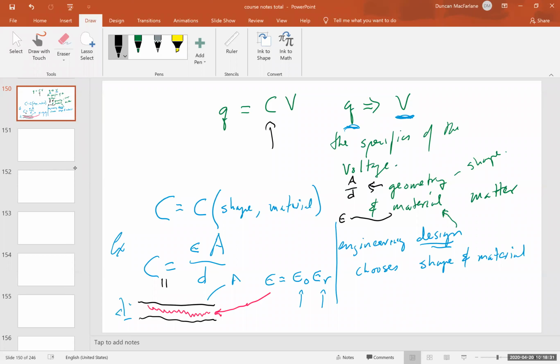And as long as that doesn't change with respect to the voltage, then it's just a constant. The material epsilon is not going to change as a function of time. And it's hard to imagine, without really working at it, an area or a d changing as a function of time. Okay? So we're going to say that C is a constant.